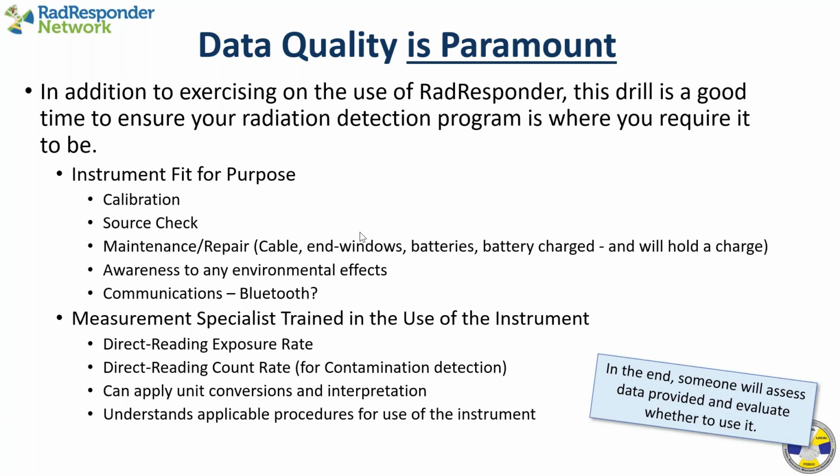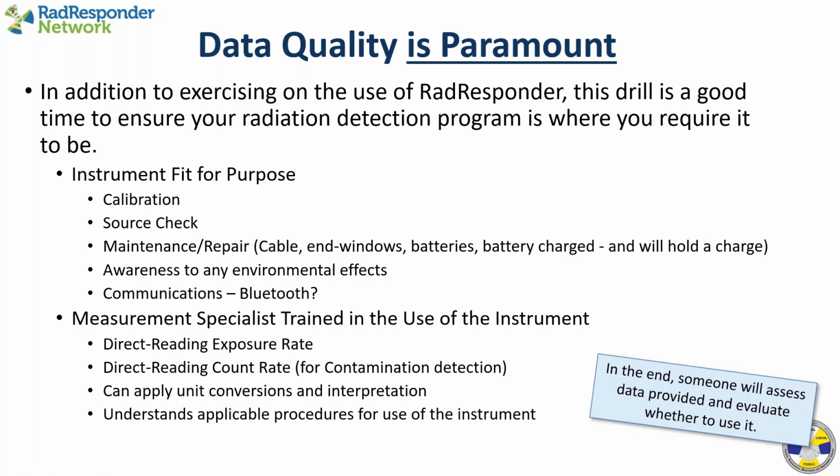And then, of course, the bugaboo that so many of us get tangled up with: am I applying my unit conversions properly, whether it's count rate to DPM or DPM per 100 square centimeters, and how do you interpret that? And the conflicts, particularly for the users of an instrument that is just an occasional use.